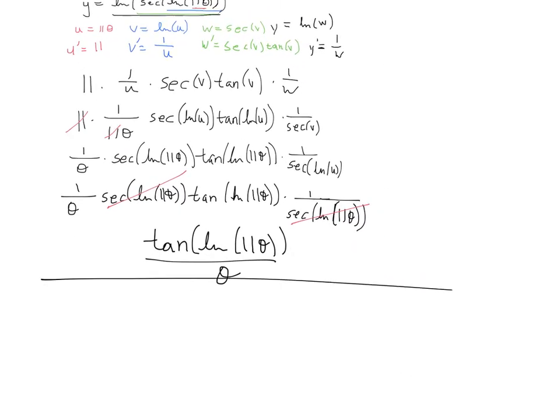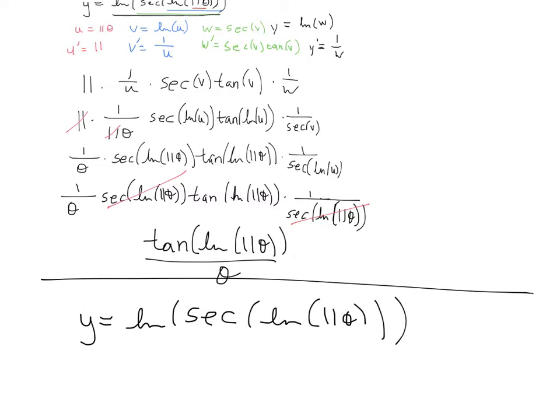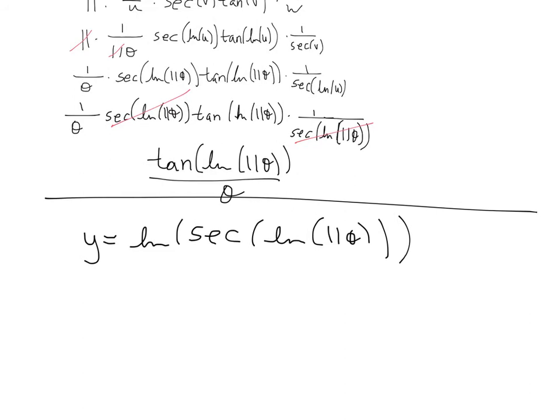So I'm going to have y equals ln of secant of ln of 11 theta. I'm going to write y prime. My way is take the derivative of the outside, the log, 1 over, leave everything alone in the inside.